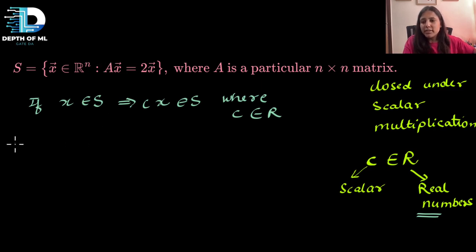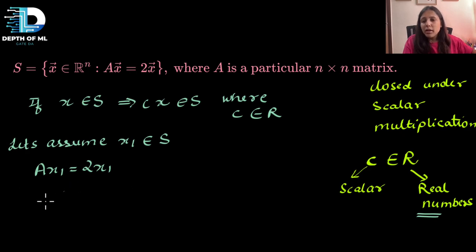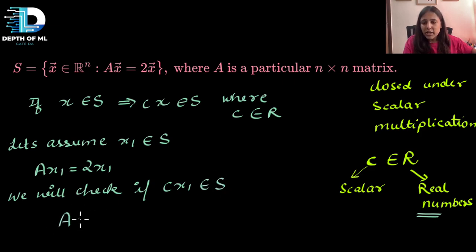Okay, so let's assume x1 is a vector that belongs to S. If x1 belongs to S, that means that Ax1 is actually equal to 2x1. Now we will check if Cx1 belongs to S. So I will say A into C of x1.